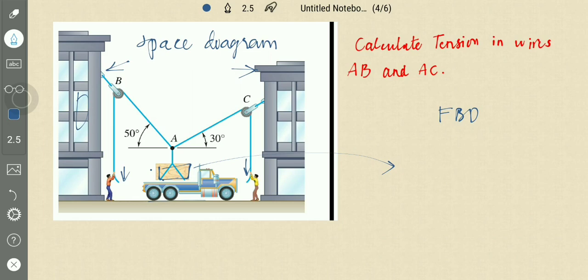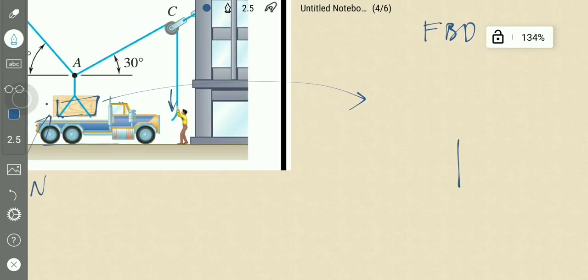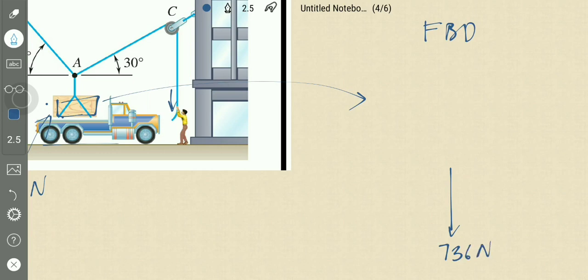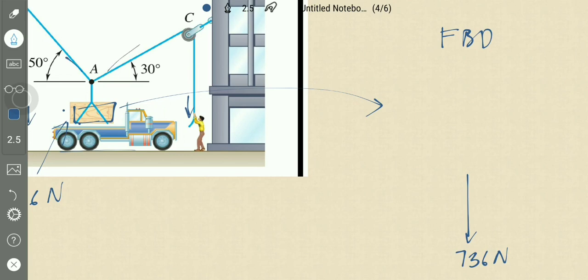The weight is given as 736 newtons, which means it is acting downwards. And another, this is a wire and this is another wire.